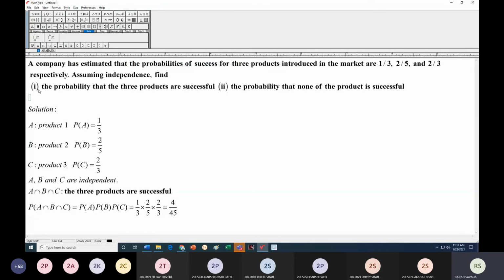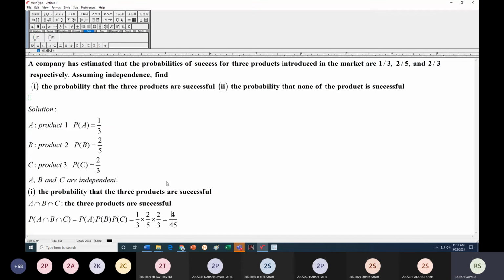Any doubt? No, sir. Here is your case 1. Now let me take case 2, second example.